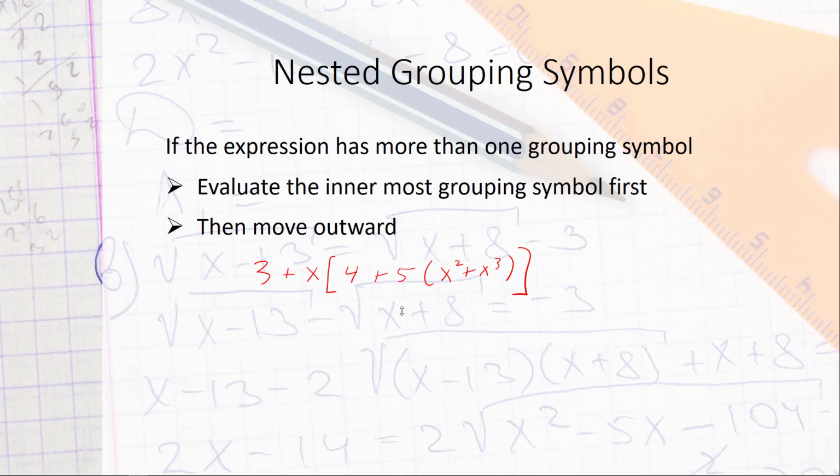And that would give us 5x squared plus 5x cubed, and then 4 plus, and now we're left with this grouping symbol, times x plus 3. And now we can deal with the outer grouping symbol, and that would give us 3 plus, and then using the distributive property, that would be 4x plus 5x cubed plus 5x to the fourth, and that's how we would simplify that polynomial.